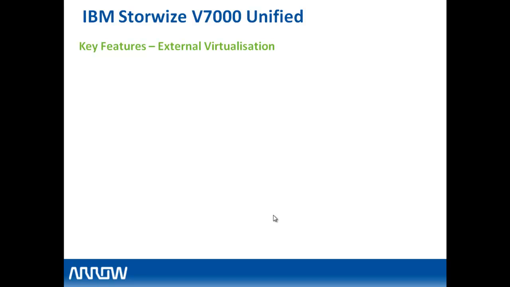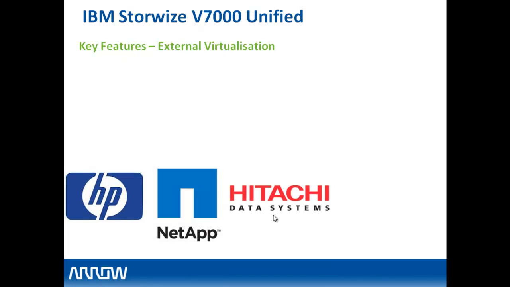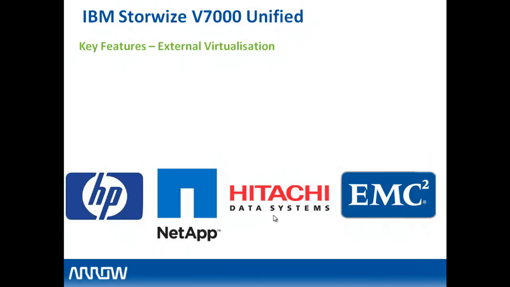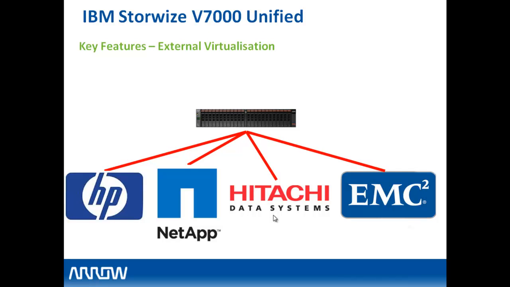The V7000 is a perfect solution to do this because it brings with it external virtualization capabilities. So as well as being able to have 960 internal disks, it can also take HP, NetApp, Hitachi Data Systems and EMC, just to name 4 vendors, and virtualize them underneath itself and have that storage presented to the V7000 as if it was a local disk.